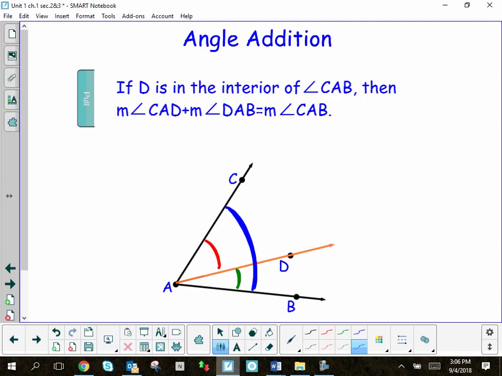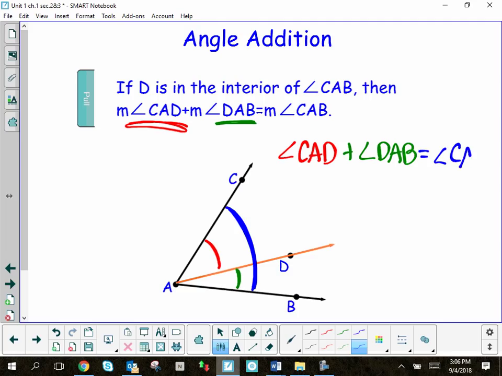So basically, the red angle, which is angle CAD, if I add that with angle DAB, which is this one right here, then that has to equal the whole entire angle, which is CAB. That's just to put some color coordination to it. Just like we did with the segments, we're going to do that with angles. So let's do a couple of examples and then we are done.